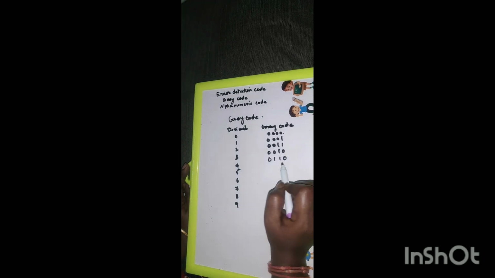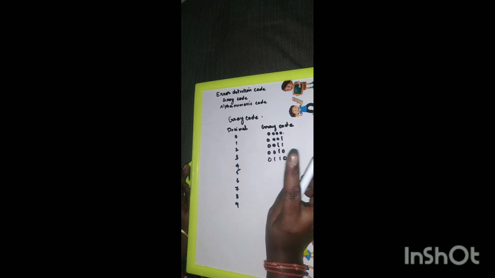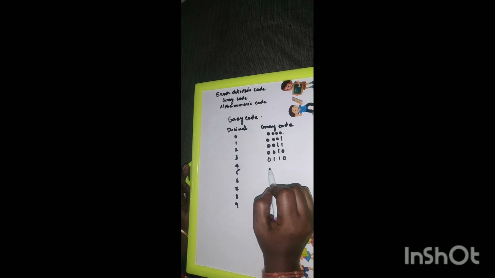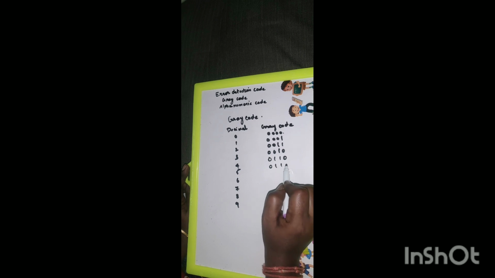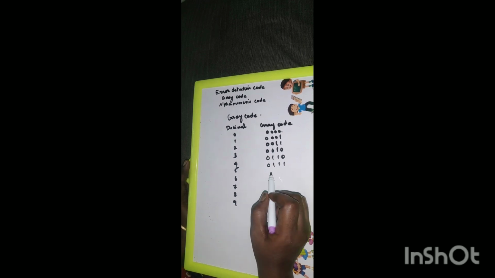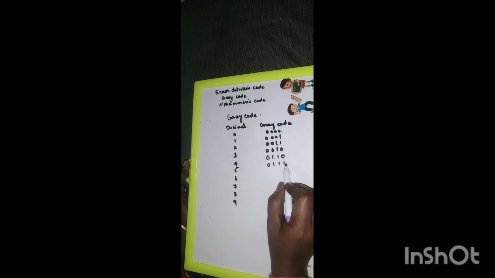Again for 5, we should change only one bit. Here, if we change the last bit to 1, it becomes 0 1 1 1. It is a new code. Then we take it as the gray code for 5. Next, for 6, if we change the last bit to 0, it becomes 0 1 1 0.